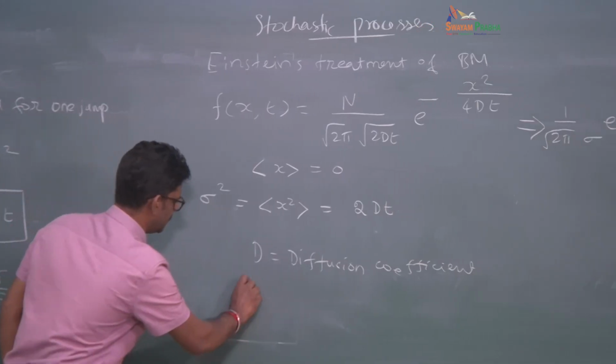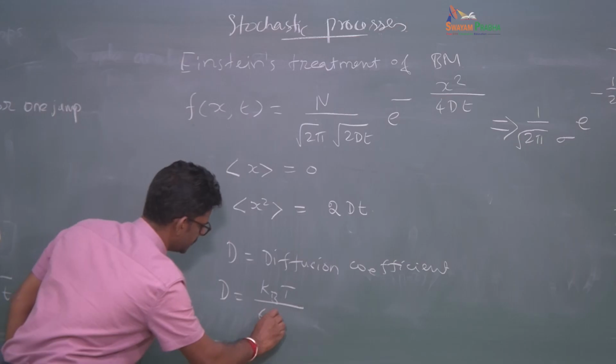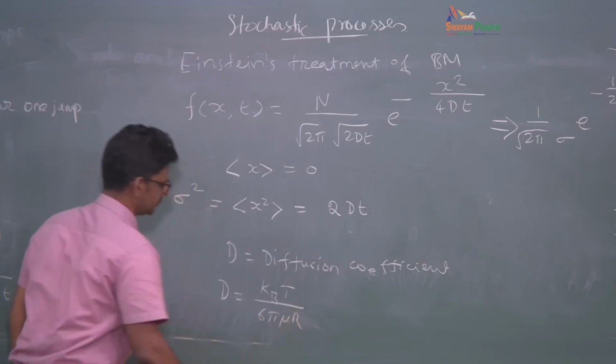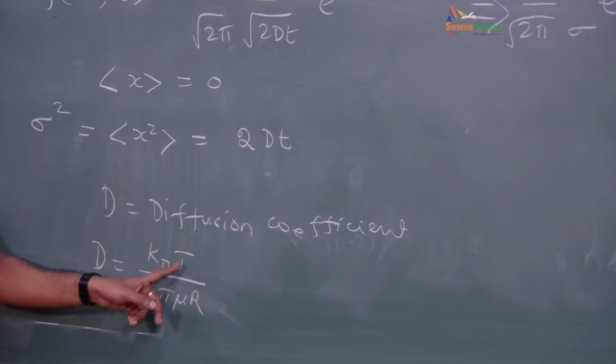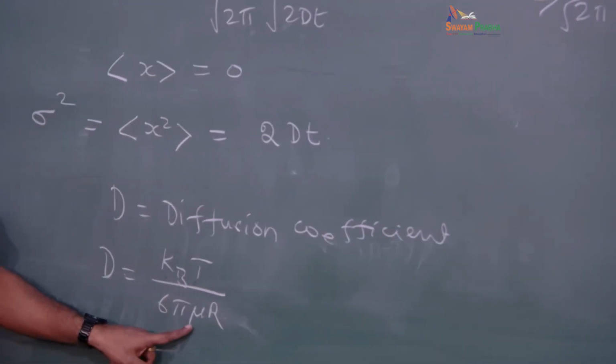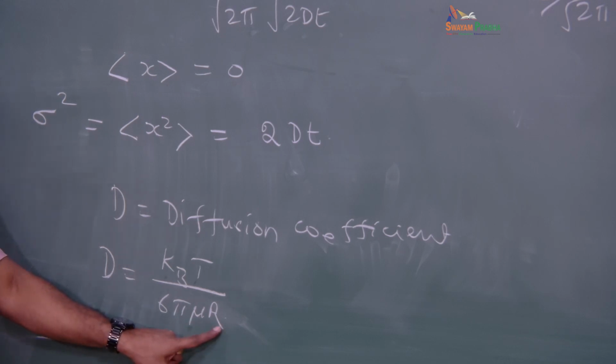And this is defined as kBT by 6 pi mu r. So kB here is the Boltzmann constant, T is temperature, mu here is the medium viscosity, and r is the radius of the particle.